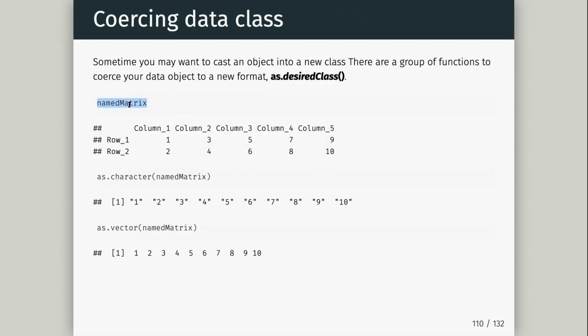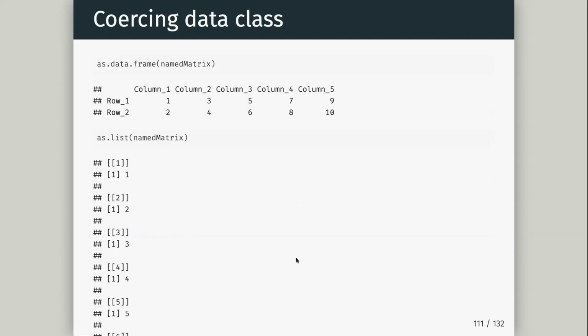The most useful conversion here is actually matrix to data frame, and data frame to matrix. But if I've got my matrix and I want to turn it into a character, I can do as.character, and it works down the columns and turns it into a long vector. If I want to turn it into a standard numeric, I can do as.vector, and it just extracts the values and puts them in.